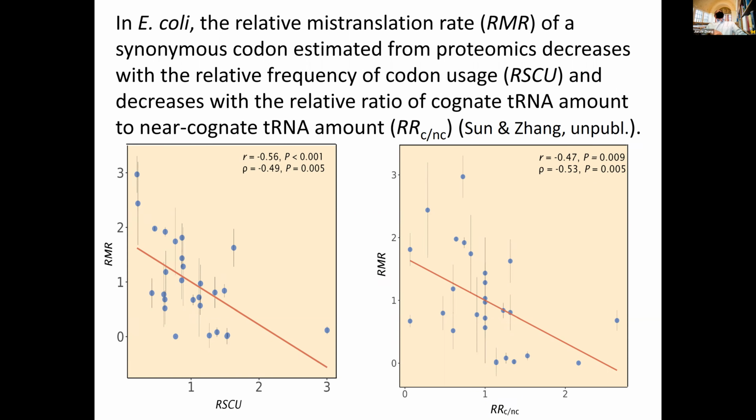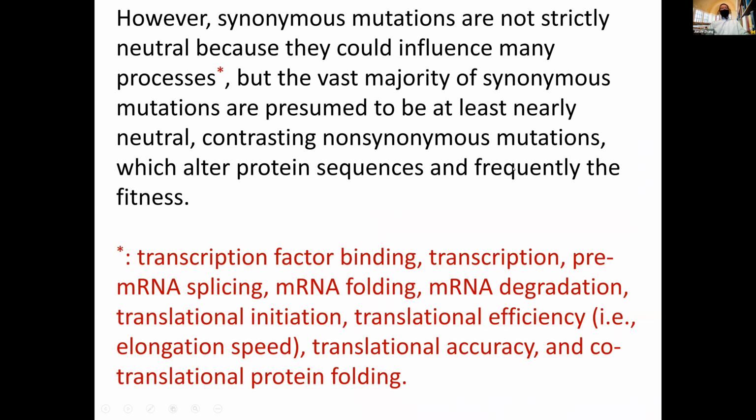The idea is that cognate and near-cognate tRNA compete for the A site. If you have a lot of near-cognate tRNA, it will create a lot of mistranslation. It looks like when the cognate to near-cognate ratio is high, the error rate is reduced. So this might be the potential mechanism for the translational accuracy hypothesis.